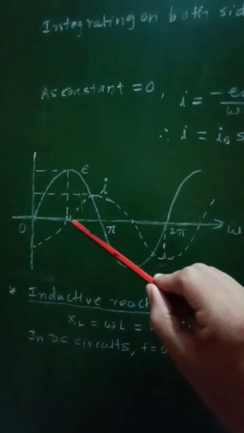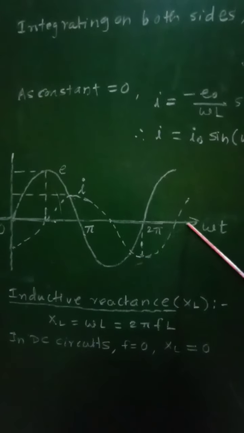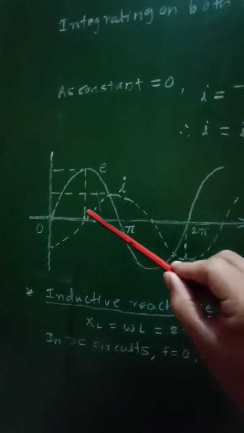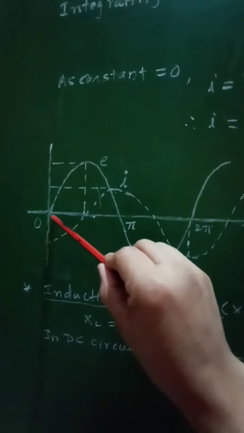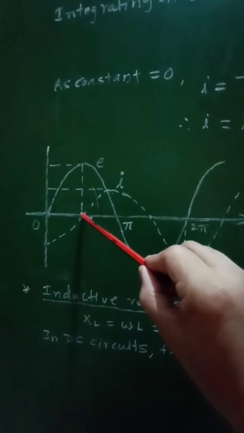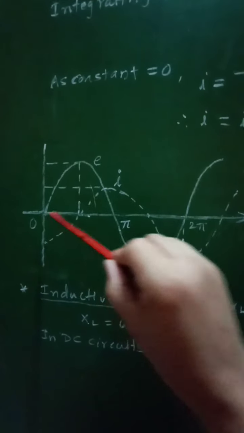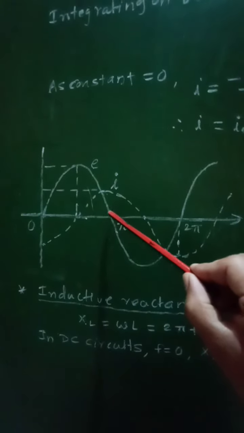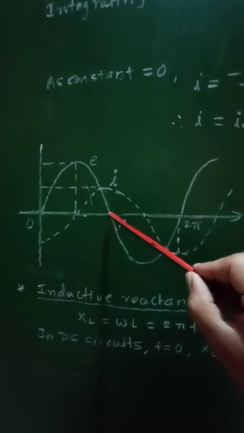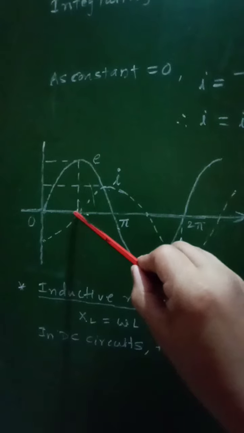If we plot the graph of EMF and current against omega t, there will be a phase difference of pi by 2, that is, current lags behind by pi by 2, because from 0 to this point it is pi, that is half a cycle, and therefore this point will represent pi by 2.